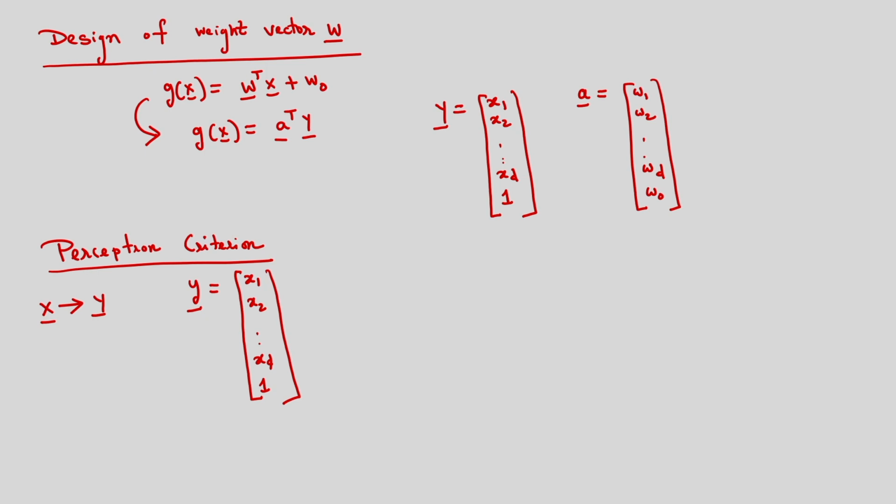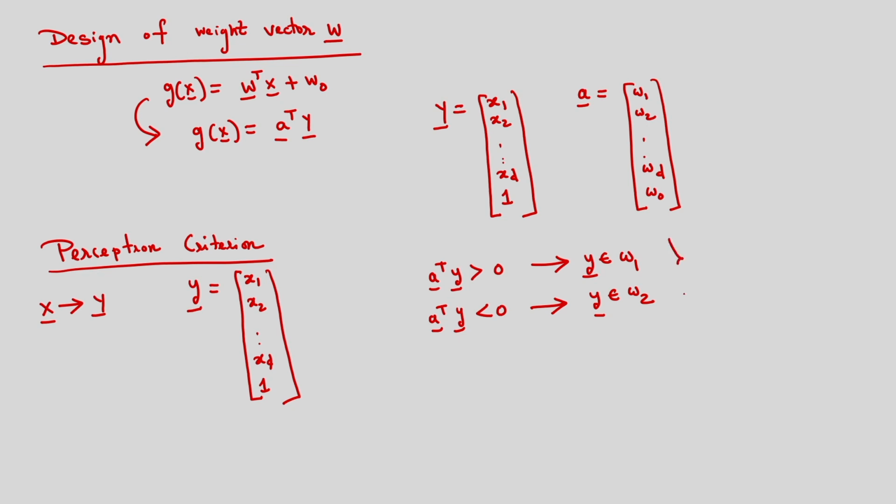The homogeneous form is Gx is equal to A transpose Y. So, how to take a classification decision? Suppose if A transpose Y is greater than 0, the classification decision is Y should be assigned to the class omega 1. And if A transpose Y is less than 0, Y should be assigned to the class omega 2. This is my decision rule.